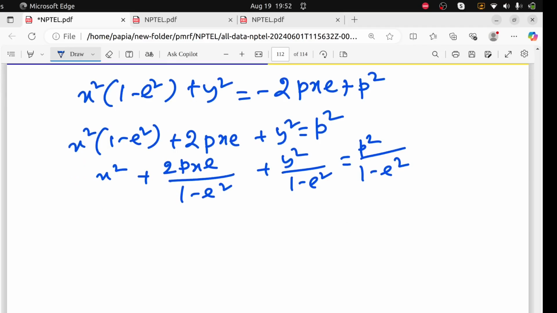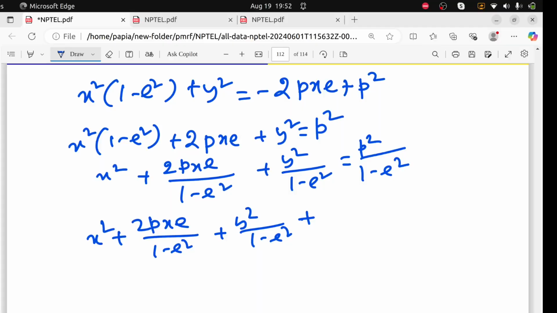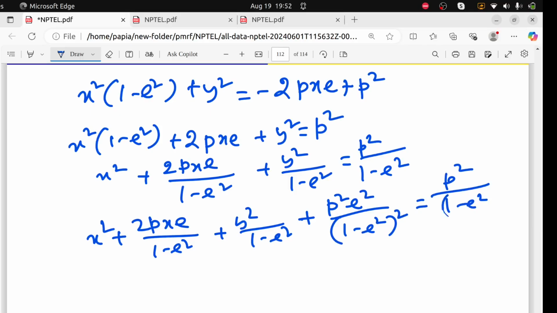So it will be simply x square plus 2pxe by 1 minus e square plus y square by 1 minus e square plus, let's say I am taking p square e square by 1 minus e square whole square. So it will be simply p square by 1 minus e square whole square.